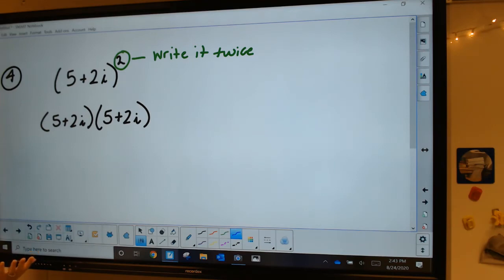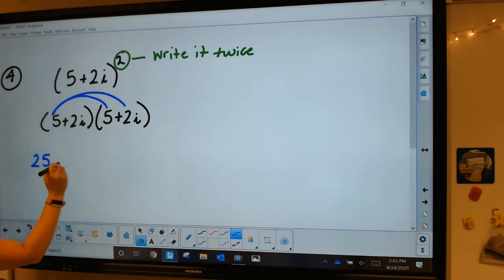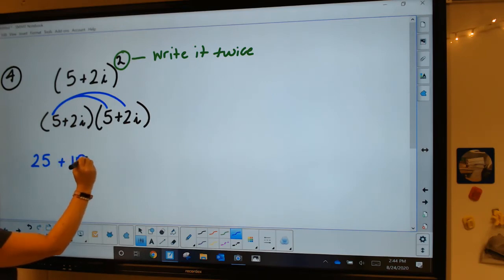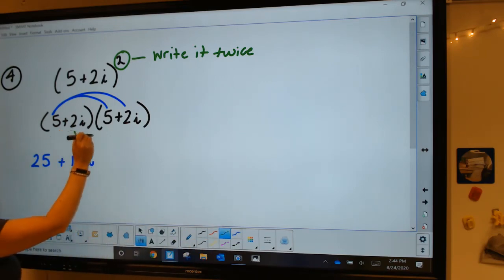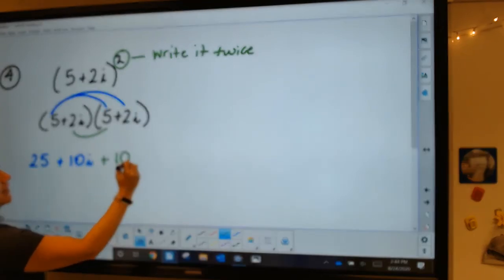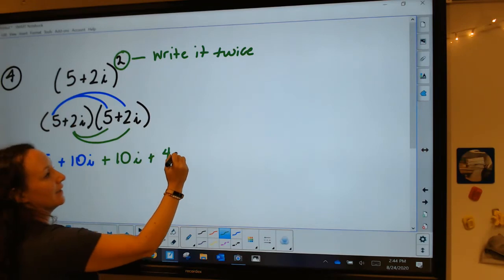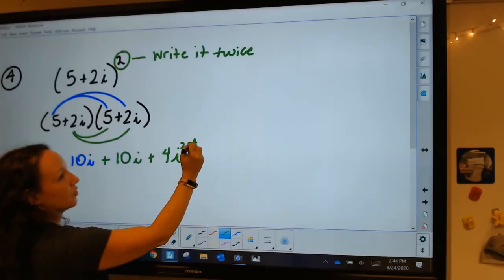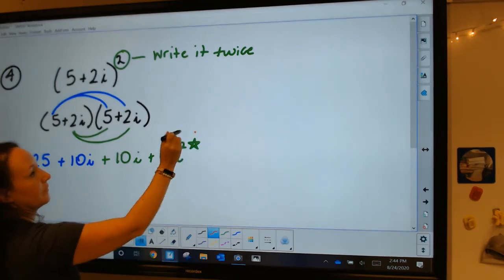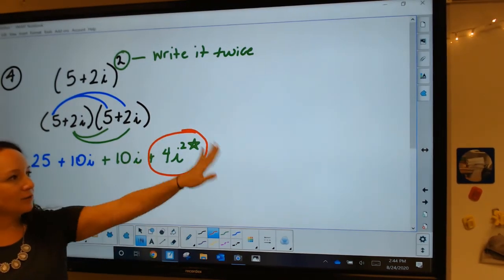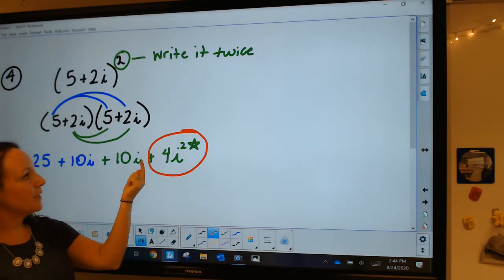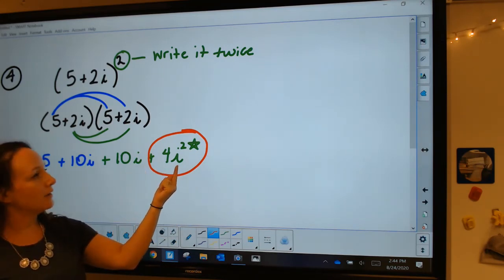And now it looks like the problems we were just working on, so I'm going to distribute. 5 times 5 is 25. 5 times 2i is 10i. 2i times 5 is 10i. And here I'm going to get a positive 4. i times i is i squared, and I'm going to put a star on it. I'm going to fix this. So without doing all that extra stuff and showing you the mechanics, this is a positive 4. i squared is a negative 1.